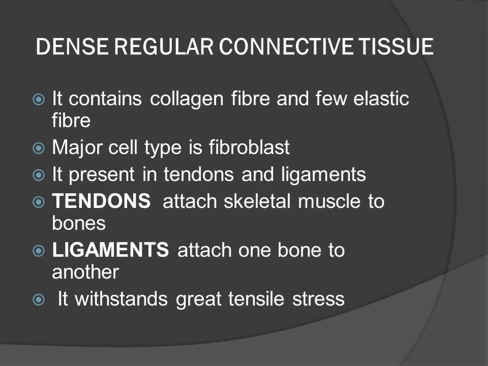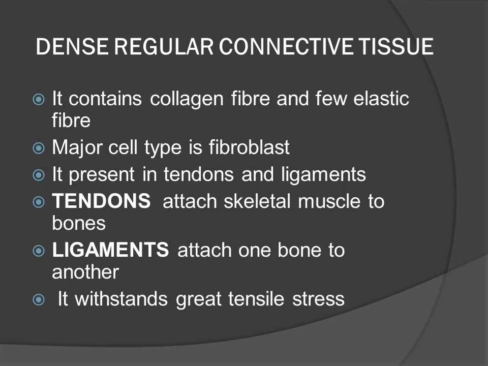First one is dense regular connective tissue. Here the point is the fibers are arranged in a regular manner. That's all. Here the fibers are arranged neatly, parallelly or regularly. Okay, listen.